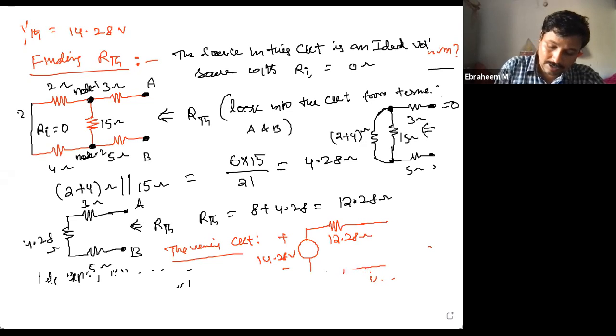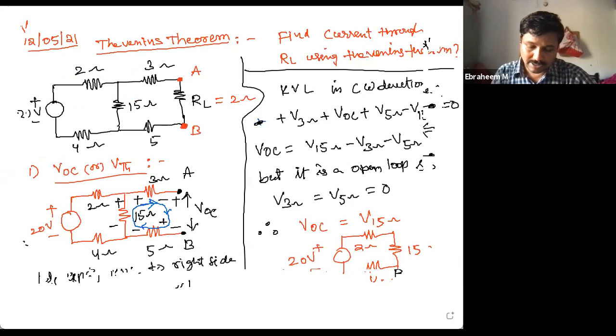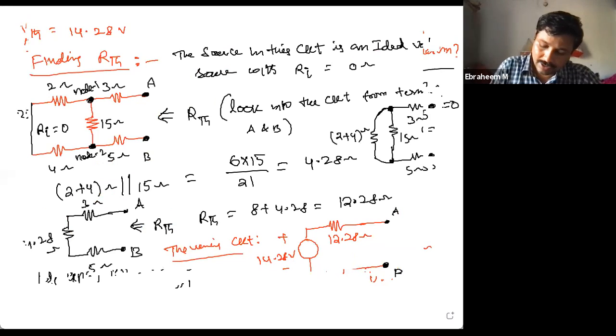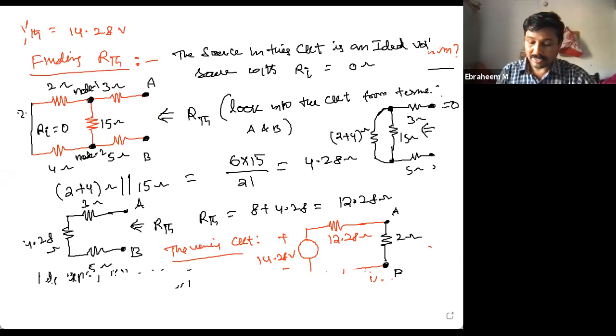Now these are the A and B terminals. What resistance did we keep there? 2 ohms, right? The load resistance was 2 ohms. So we connect 2 ohms here.